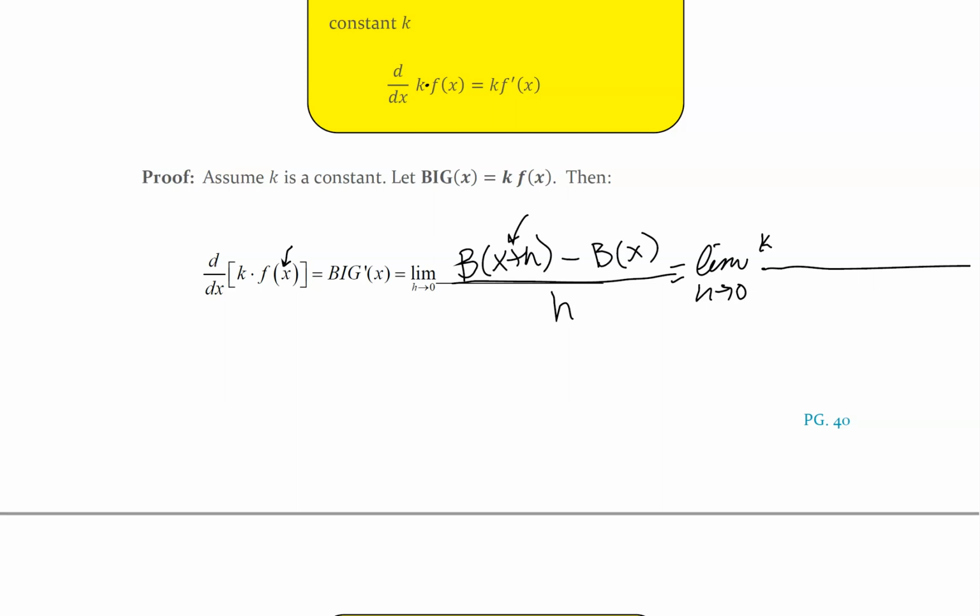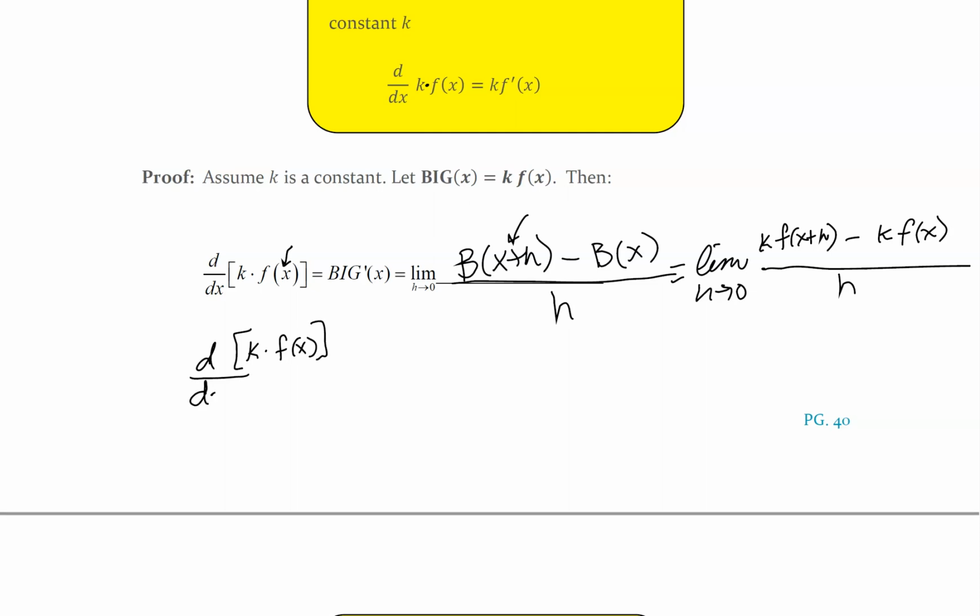So that would be k times f of x plus h minus k times f of x, divided by h. That's the definition of derivative.